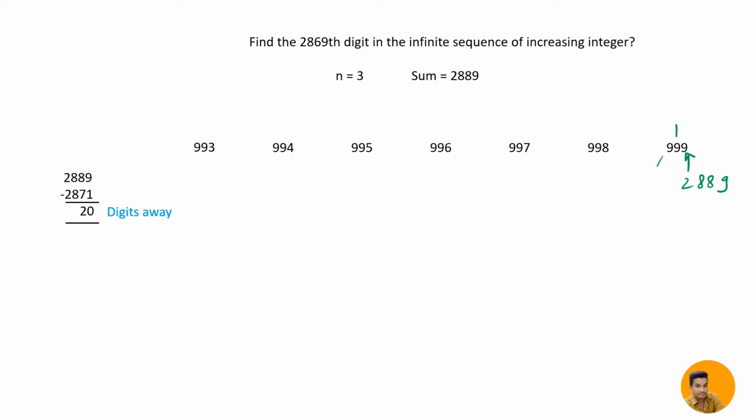If you remember, this was 2871, this would be 2870, this would be 2869. So if you count, this is 20 digits away, and I also know that these are formed from 3 digits. This is a 3-digit interval, so that means this is 6 numbers away.